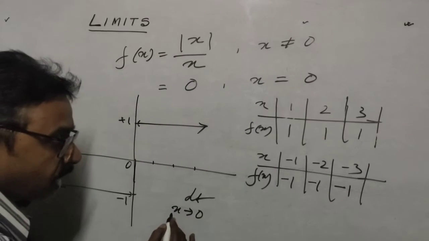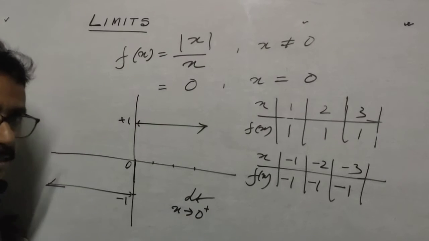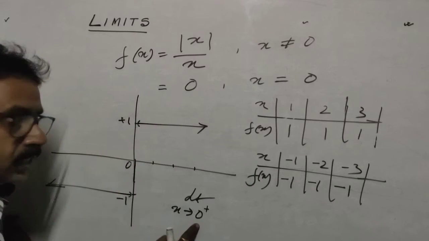That's why I have taken limit x tends to 0 plus. That means x is very close to 0 but it is greater than 0.